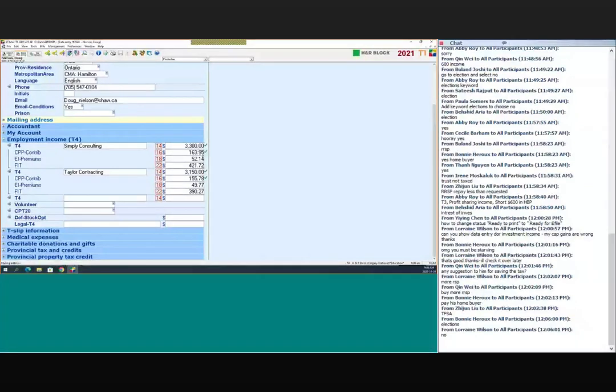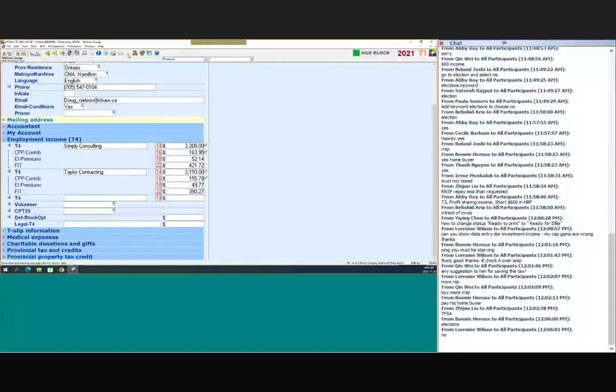I believe that when you put his information in, it does ask you to recheck the CPP contribution. So that's why there's an additional tick mark there, because we want to clear that. We don't want to have any yellow triangles here. We have to clear all those. So there's the data entry for Simply Consulting and for the second T4.